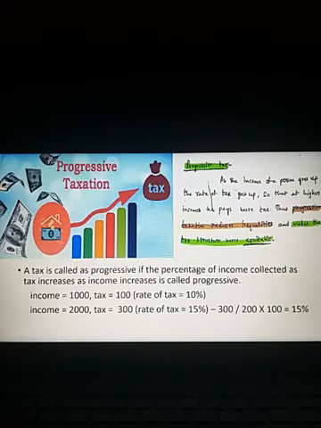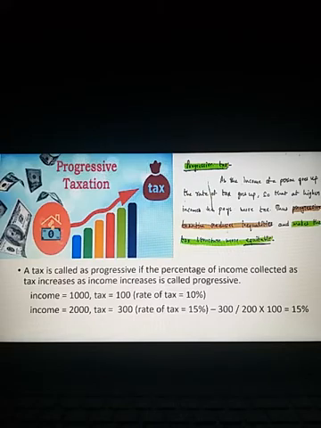You can observe, as the income of a person goes up, the rate of tax goes up. That's it. Instead of making things more complicated, a simple definition. Observe that handwritten point. As the income of a person goes up, the rate of tax also goes up, so that at higher income he pays more tax.